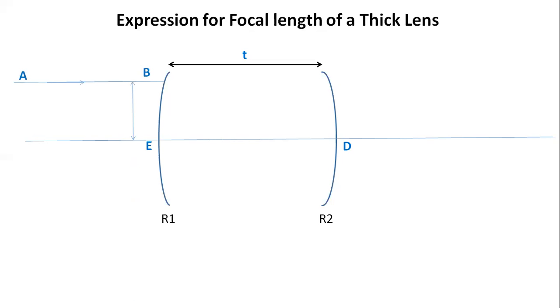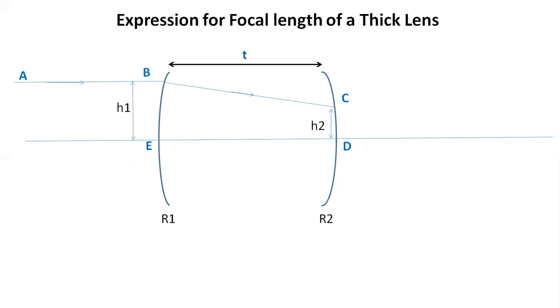It is incident at a height h1 above the principal axis, and BC is the refracted light from the first spherical surface, and that is incident at a height h2 above the principal axis.